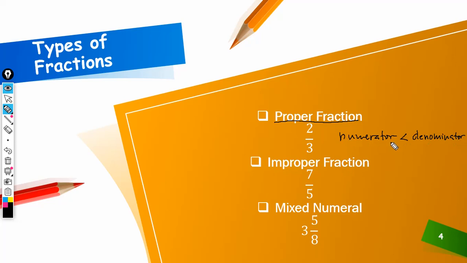So numerator less than the denominator. Pembilang lebih kecil daripada penyebut. The next one is improper fraction. Improper fraction is a fraction where the numerator is larger than or more than the denominator.